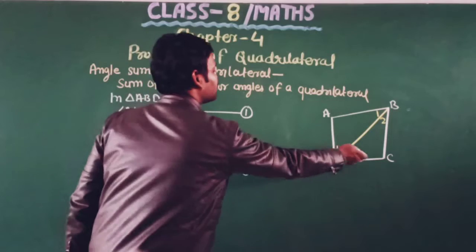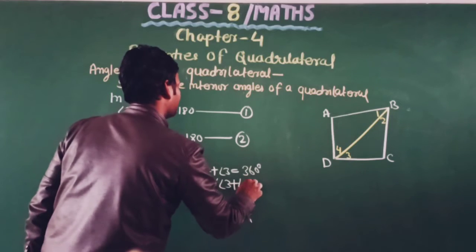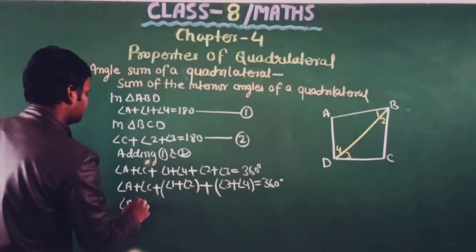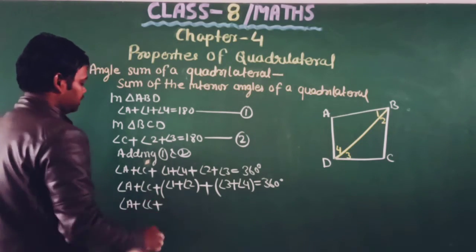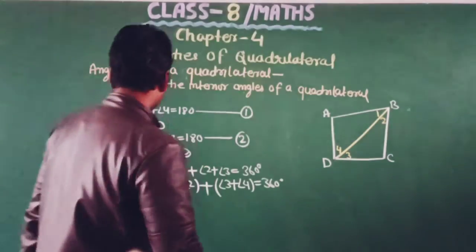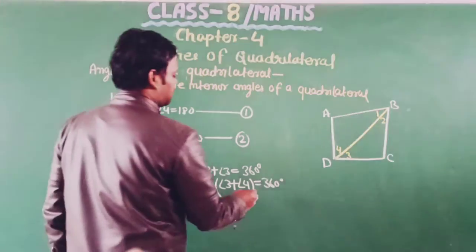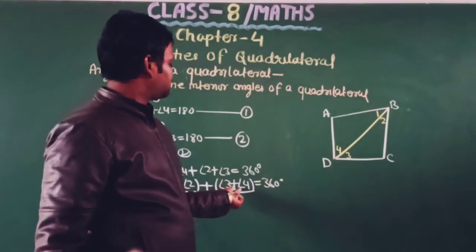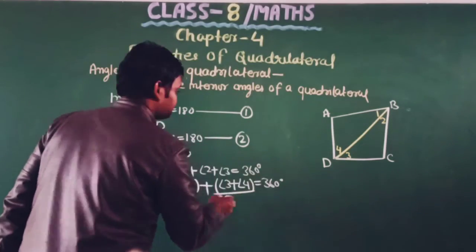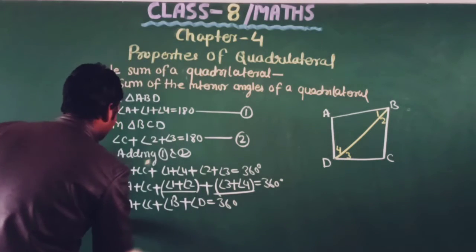So angle A, plus angle 1 plus 2 which is angle B, plus angle C, plus angle 3 plus 4 which is angle D, equals 360 degrees.